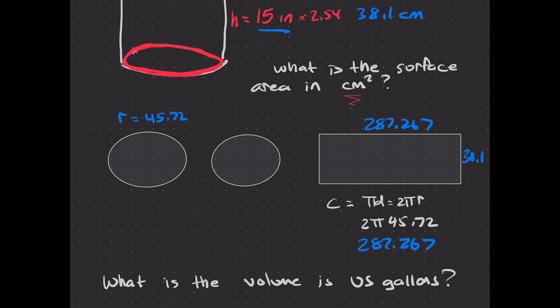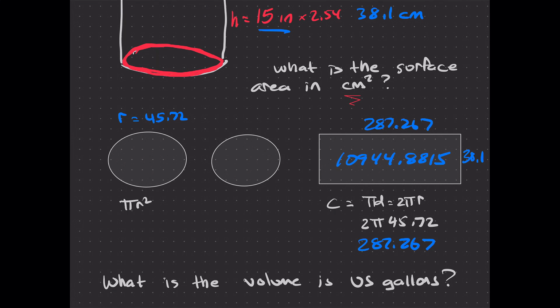Now I need to multiply that by its height of 38.1. And when I do that, I get 10944.8815. Now what about the surface area of these two circles? Well, that is pi r squared.